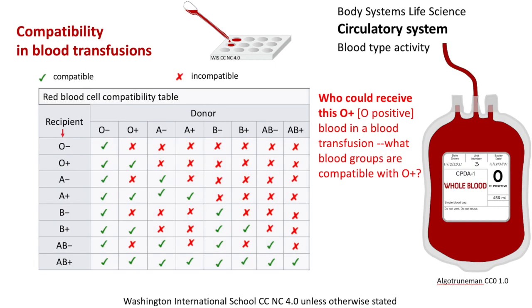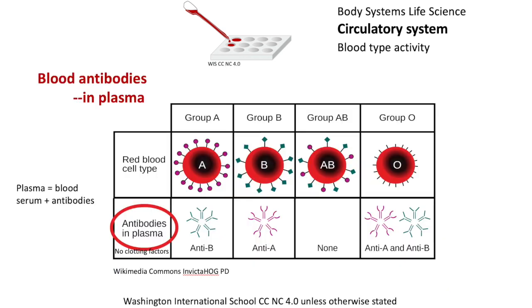And here's a table which you can look at more closely with the question, who could receive that sachet of O positive blood? What blood groups are compatible with it? Pause to do that. There are also blood antibodies in plasma. On the top line you see the red blood cell type with the antigens on it, and the antibodies are in the plasma.